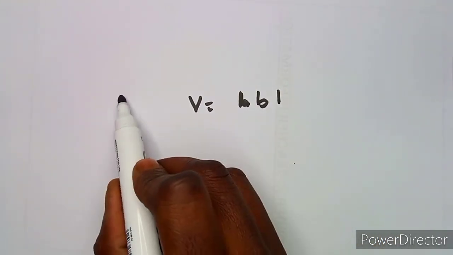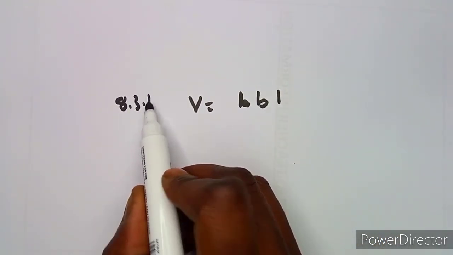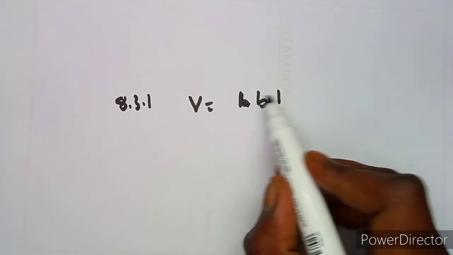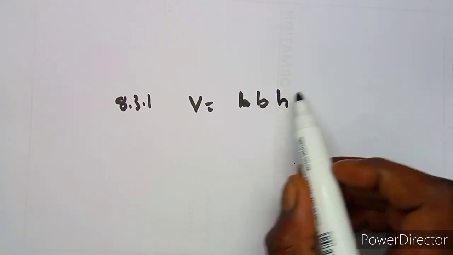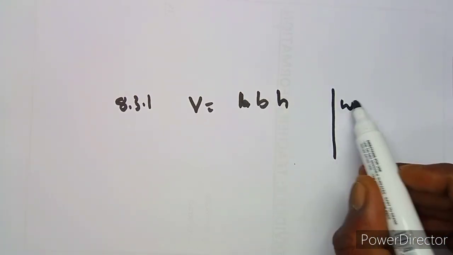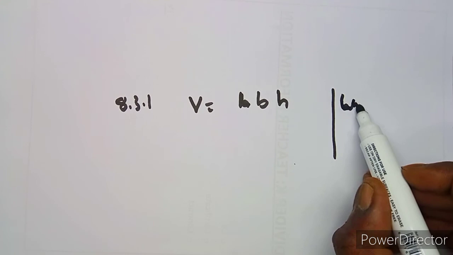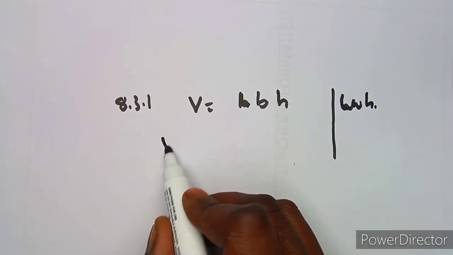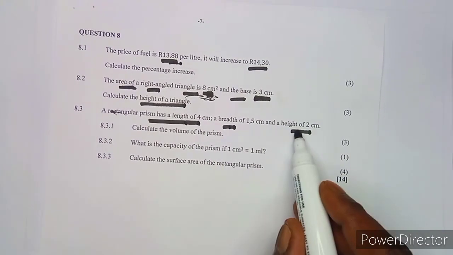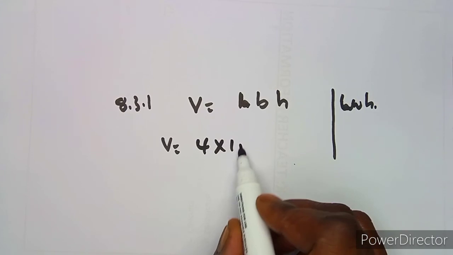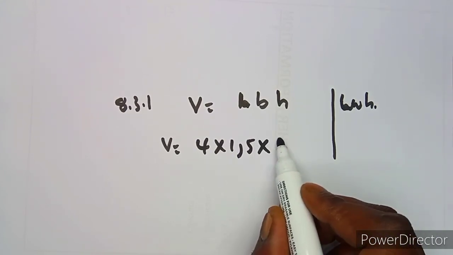That's the volume, which is 8.31. All right, so we have LBH there. That is the length times breadth times height, or you can use length times width times height, depending on what you have. So it's 4 times 1,5 times the height of 2.